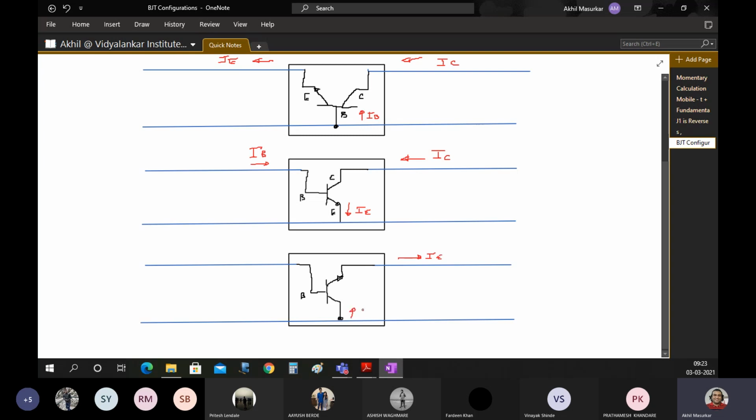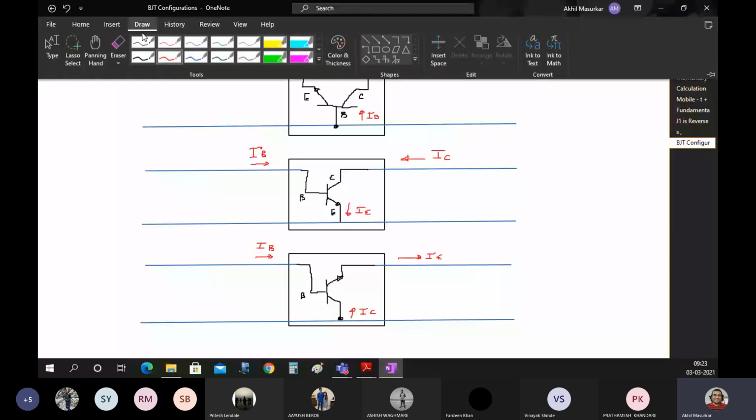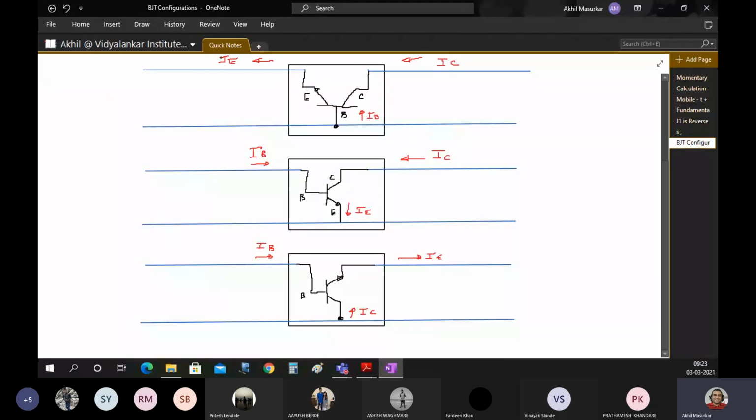So we have IC and IB. So you can see in all the 3 cases, the input is current and the output is also current. That is why we call this device a current controlled current device.